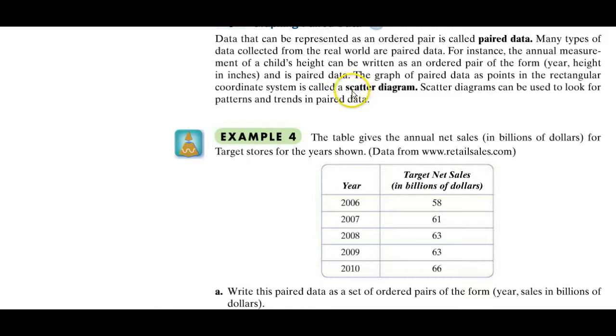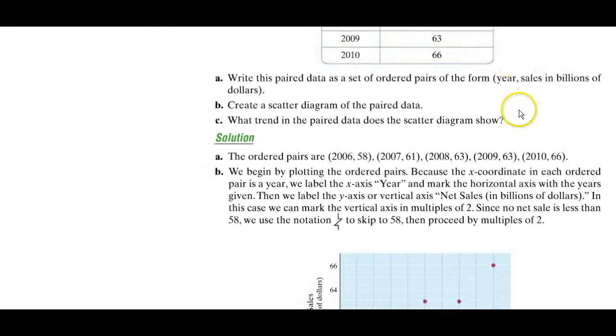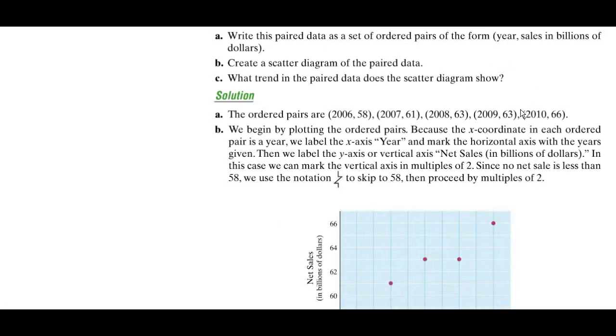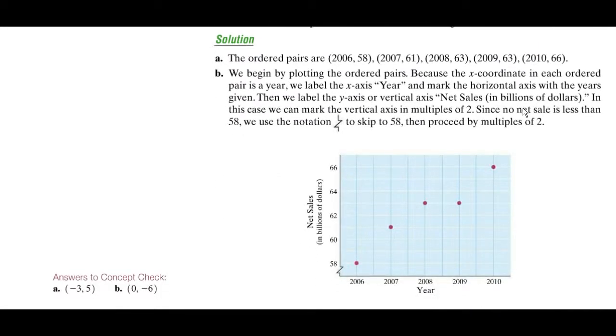And we call that a scatter diagram. And I guess they're going to do that for us here. Yes, there it is. So it's to take the data, and again, usually most graphs are in the first quadrant. So along the x-axis is time, or years, and the vertical axis, the up and down, that's the y, will be amount of sales.